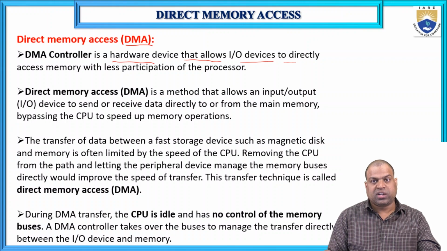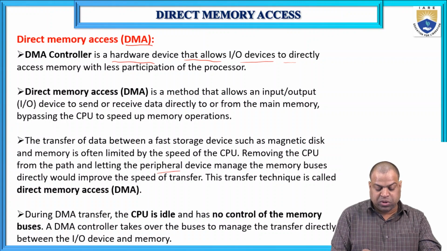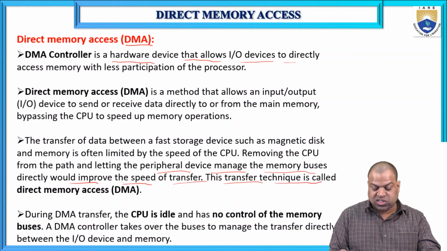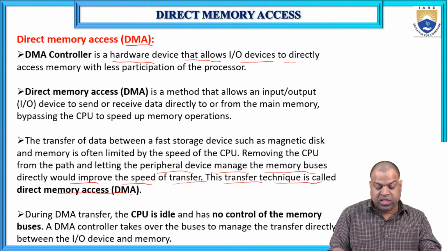The transfer of data between a fast storage device such as magnetic disk and memory is often limited by the speed of the CPU. Removing the CPU from the path and letting the peripheral device manage the memory buses directly would improve the speed of transfer. This transfer technique is called DMA.